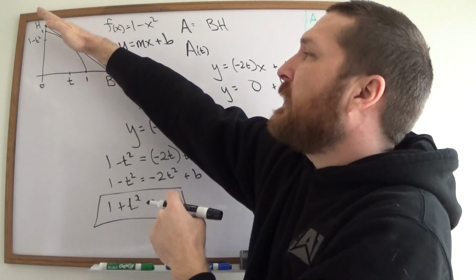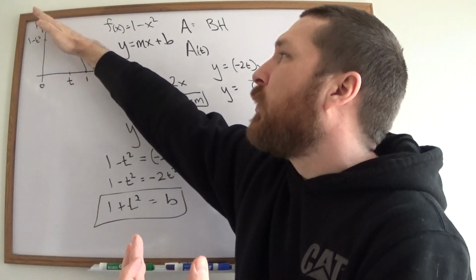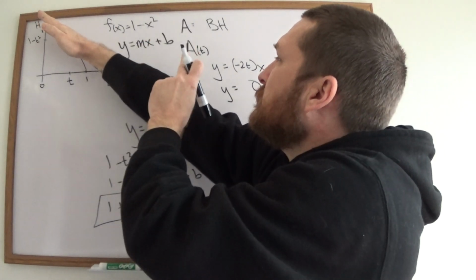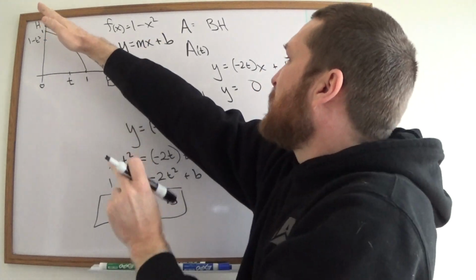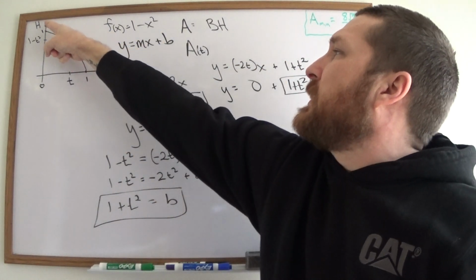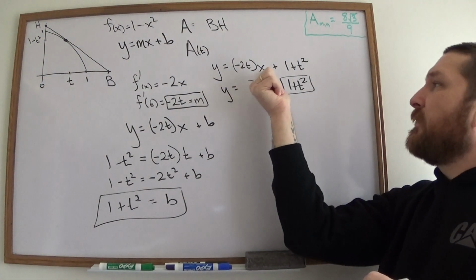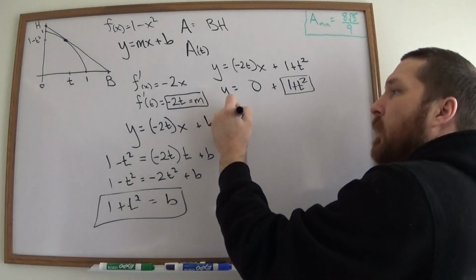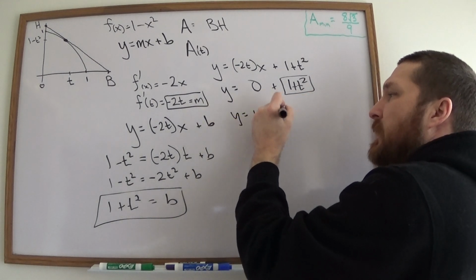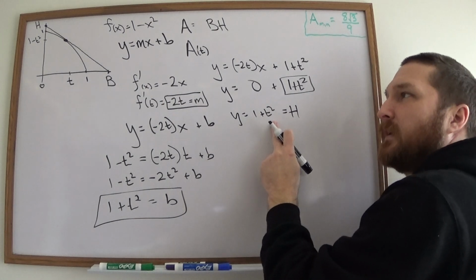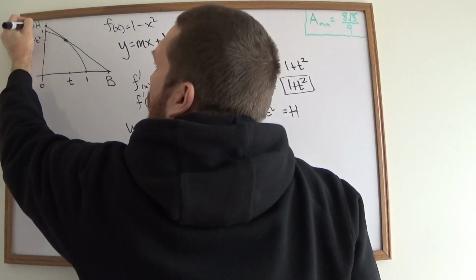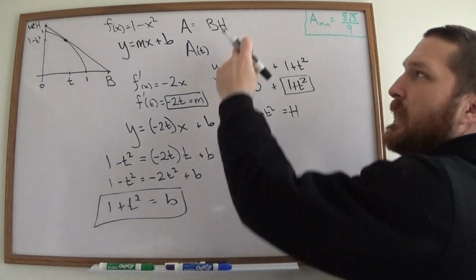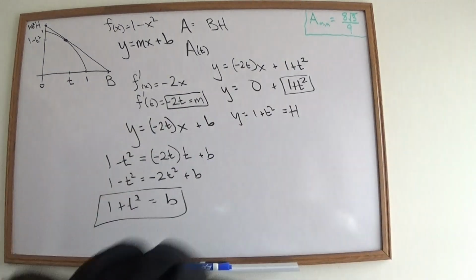Now that t is given, this has some slope, like negative 1 or negative 2 or something, right? And we could say, okay, where is its intercept? And that's what we're doing right here. We're saying, what is that intercept right there? Well, when you plug in a 0 for x, that goes away and you get whatever y equals. 1 plus t squared must be that height that we were looking for. 1 plus t squared is h. Big H right there, right?